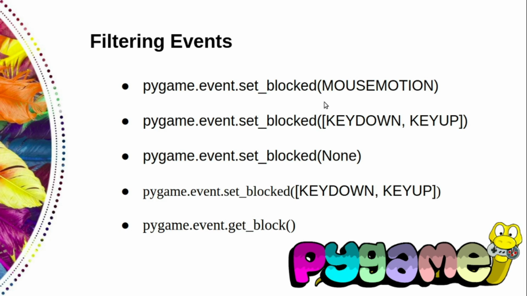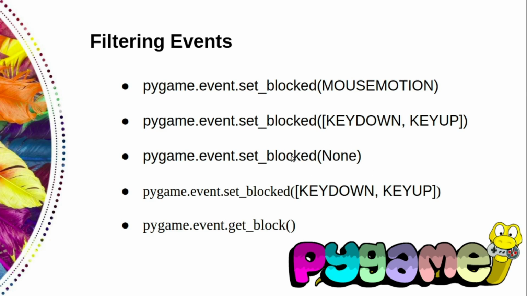We can put these two events in a list and pass it as a parameter to set_blocked. Now, if you want to unblock all the events, pass the value None to set_blocked. So if we pass None, then all the events will be allowed, or unblocked.